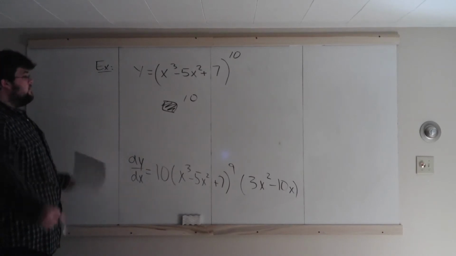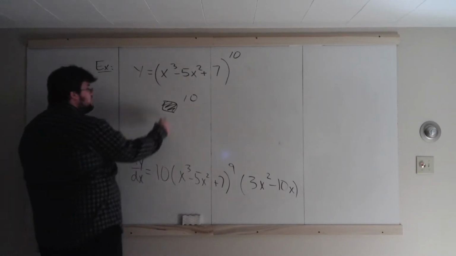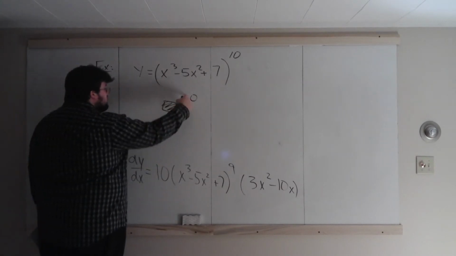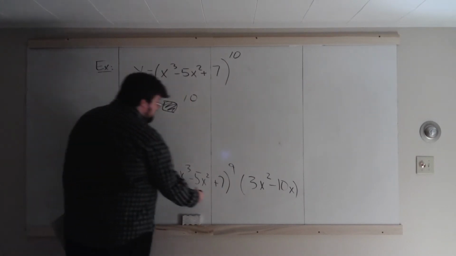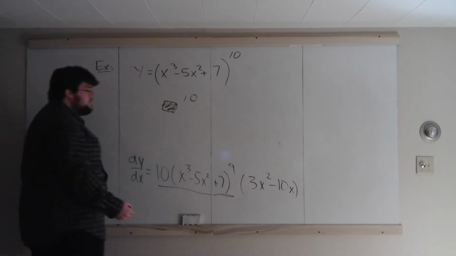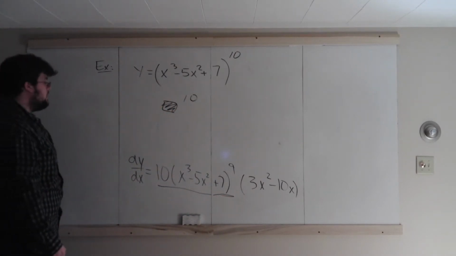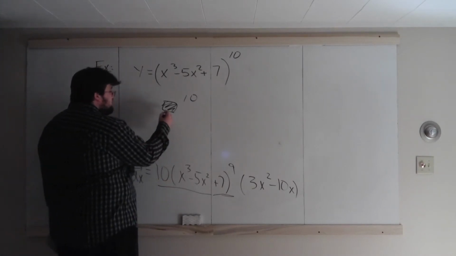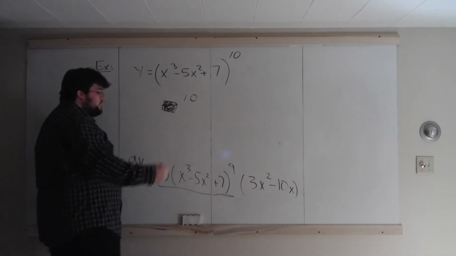Well, if we want the derivative, we can do that by using the power rule. 10 of them to the 9th. That's what we have here. But then the chain rule says that you have to multiply by the derivative of this inside piece.